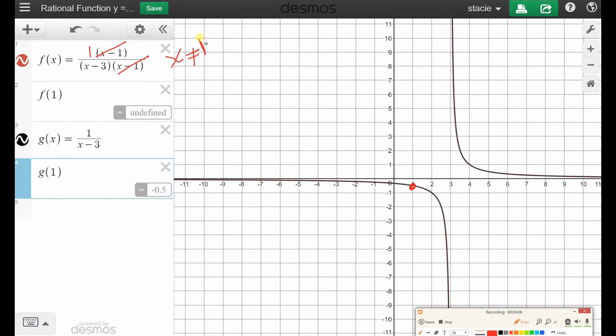Okay? Because otherwise, if we were to cancel that out, it really ends up looking just like g of x. But we see that g of x is not the exact same because it doesn't have a hole. So earlier when I was drawing that hole, I should have been looking at my f of x really because g of x doesn't have a hole. Okay? So it's really important.